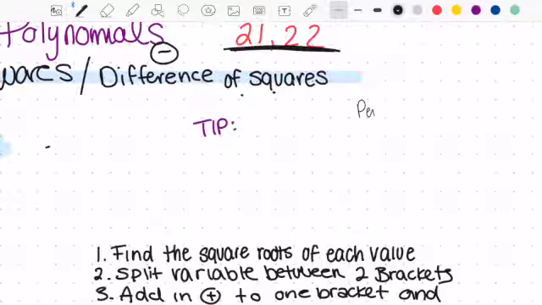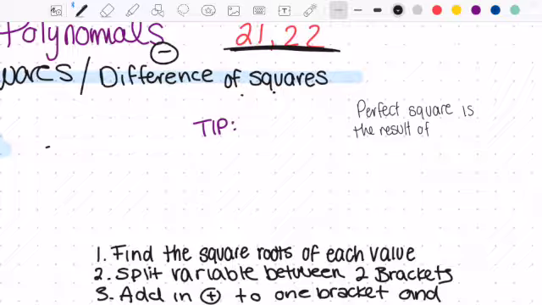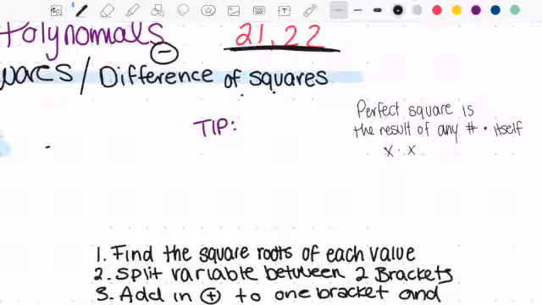A perfect square is the result of any number times itself. An example of this would be x times x is equal to x squared.